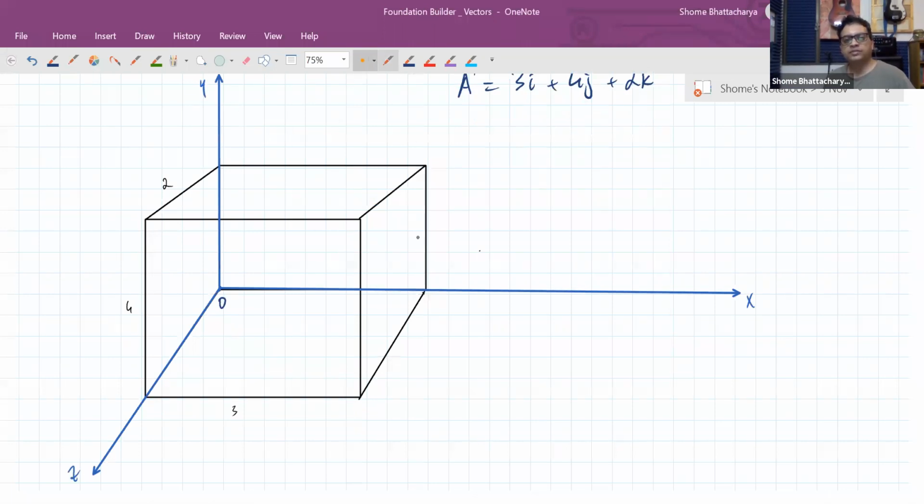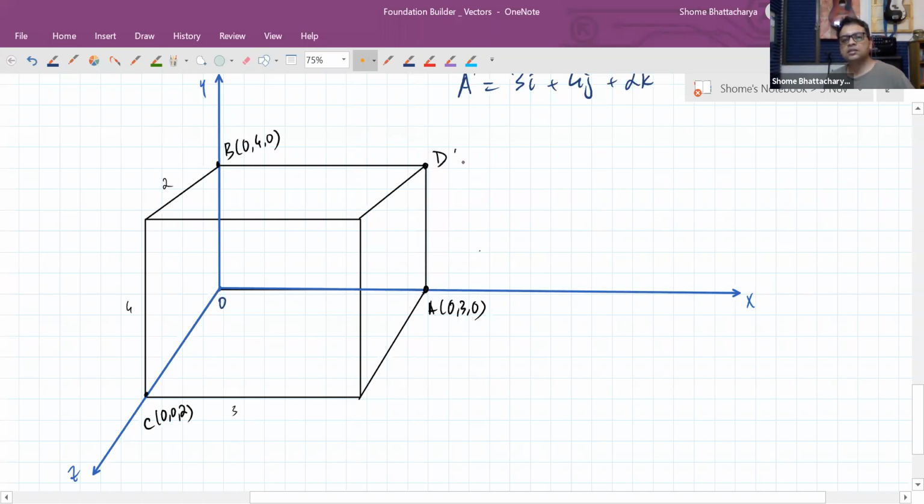So in context of the previous diagram that we had made, this point is A, whose coordinates are 0, 3, 0. This point is B, whose coordinates are 0, 4, 0. And this point here is C, whose coordinates are 0, 0, 2. Okay. But then additionally, I could also say this point here, let's say D, is 4, sorry, my mistake.